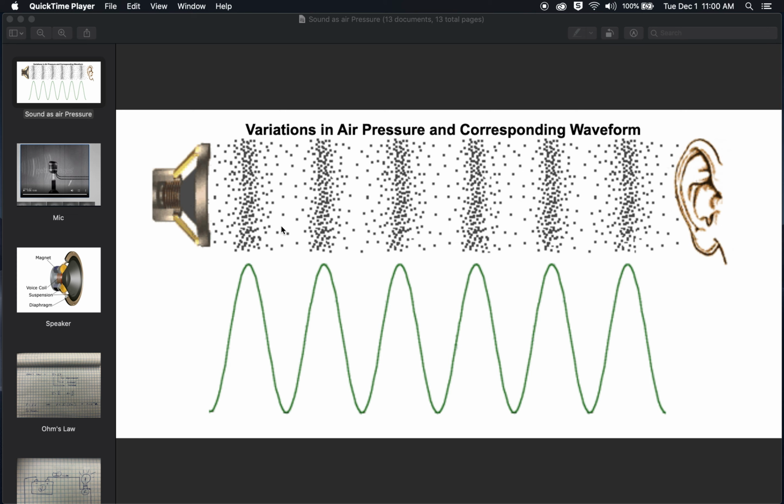So we already know how we perceive sound, what sound is. Sound is changes in air pressure, right? You have a sound source.